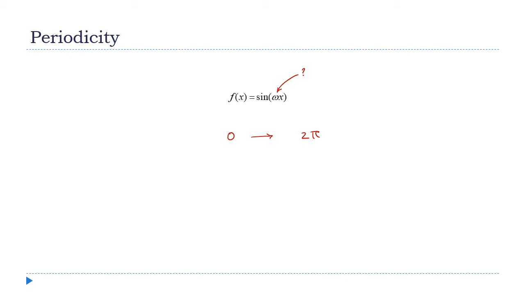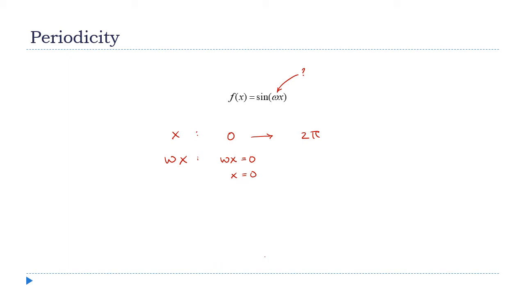That's how long it takes for it to start repeating. Okay, so what happens if I replace x with omega x? Well, if I start my period at 0, when omega x equals 0, x is still equal to 0. So that's still the starting point of a period.